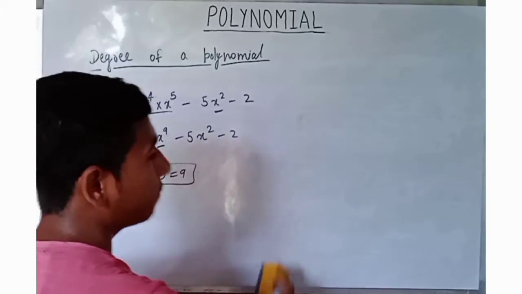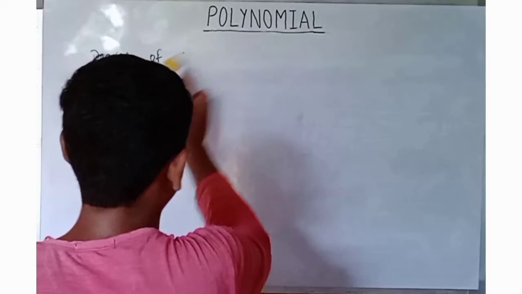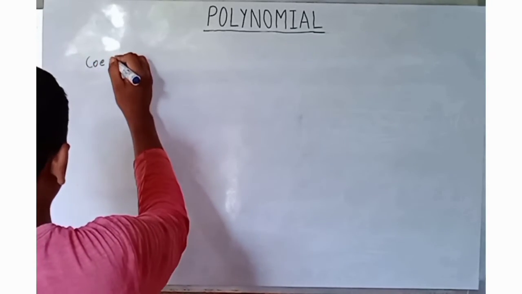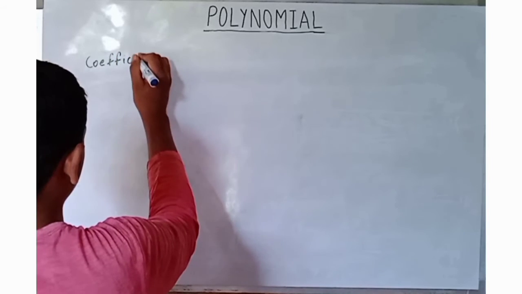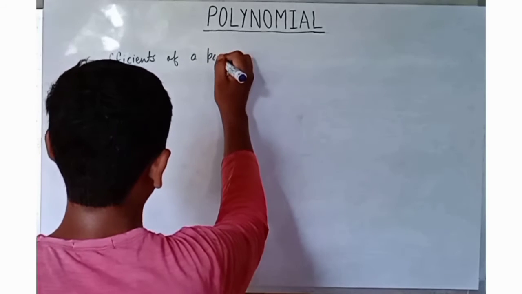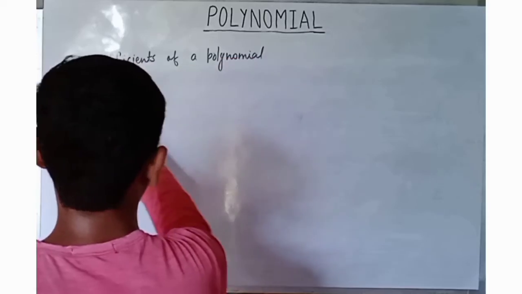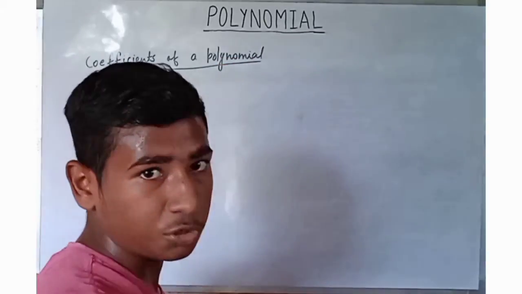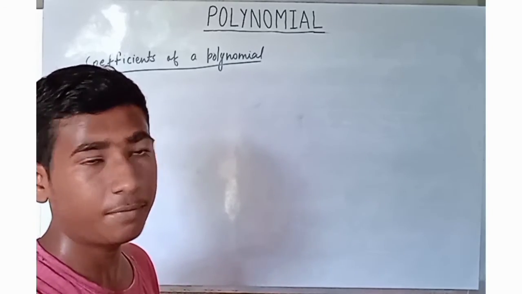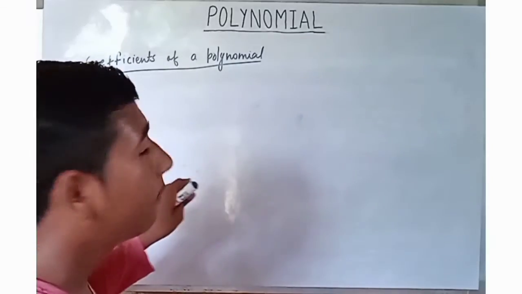Now we will see the coefficient of a polynomial. What is meant by the coefficient of a polynomial? The constant term which is connected with a variable in a polynomial will be the coefficient.